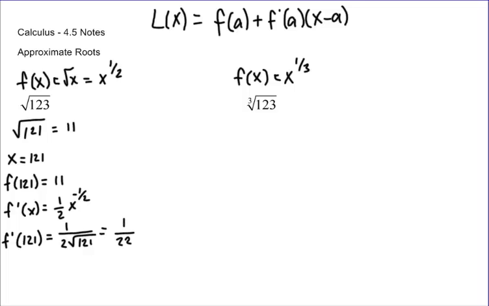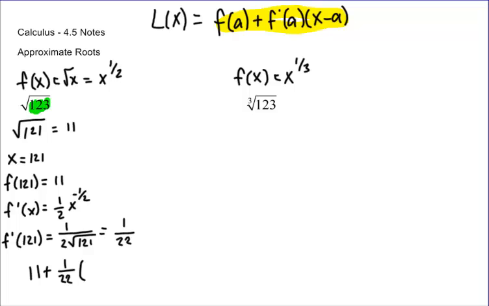So now we just substitute all of this stuff back into our linearization rule, and we'll be able to get our answer from there. So we're going to take f of a, which is 11, plus the derivative at a, which is 1 over 22, times the x that we're interested in. Well, the x that we're interested in is this guy right here.